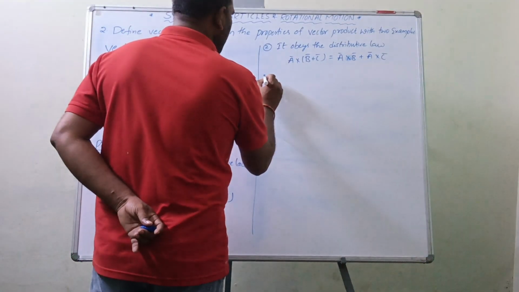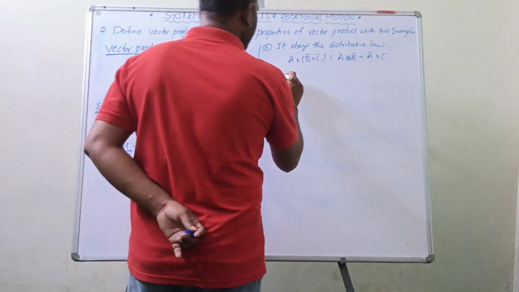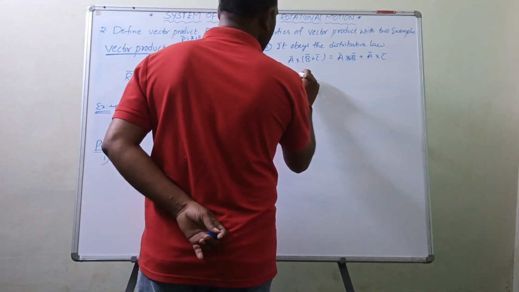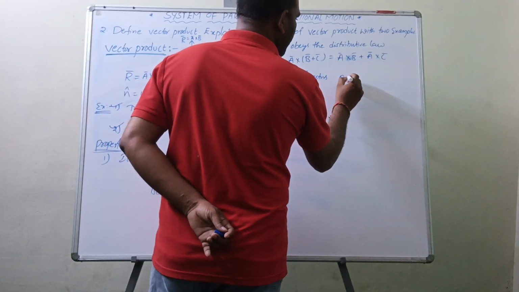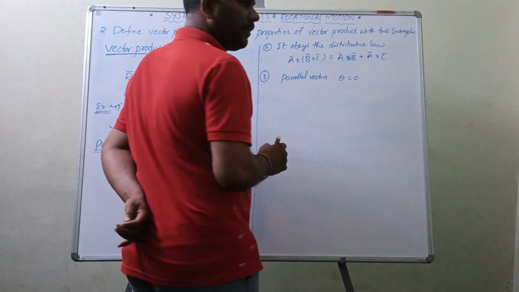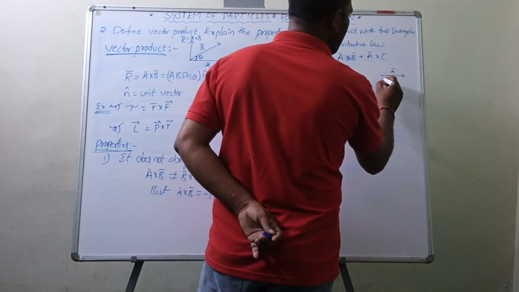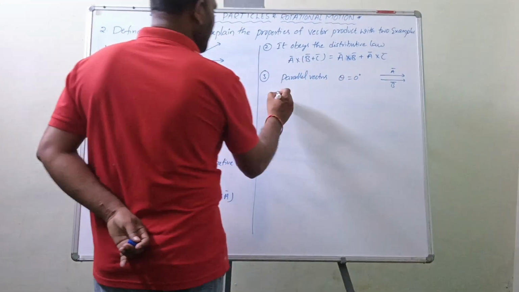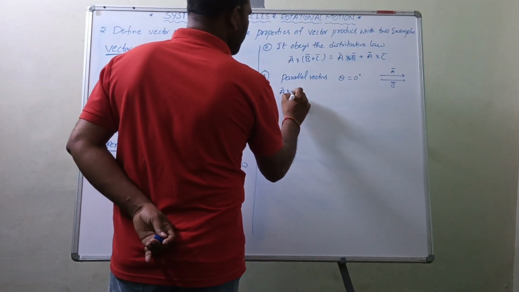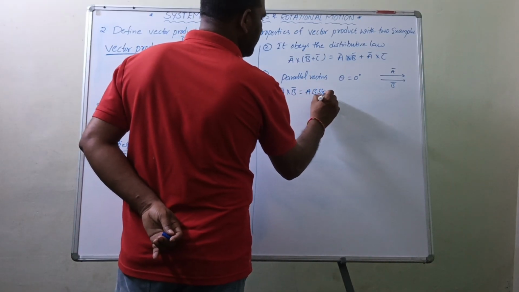And the third one, if two vectors are parallel. Parallel vectors means theta is equal to 0 degrees, that is, a bar and b bar are both parallel. Therefore, a bar cross b bar is equal to ab sin theta.